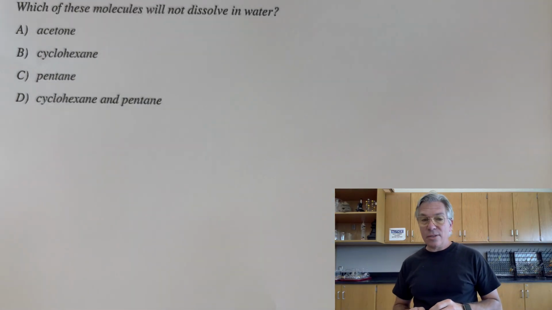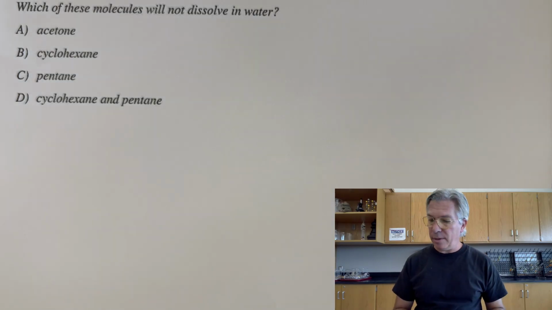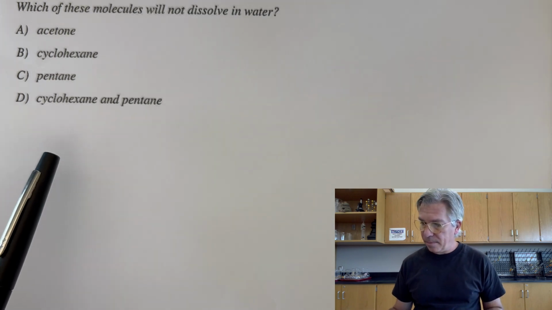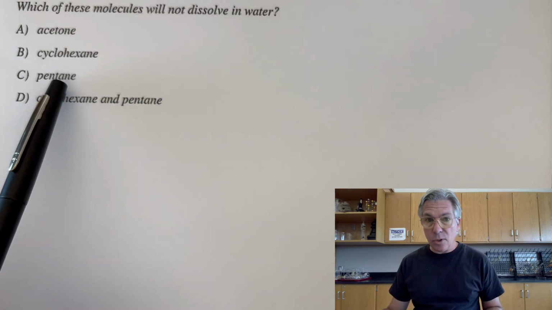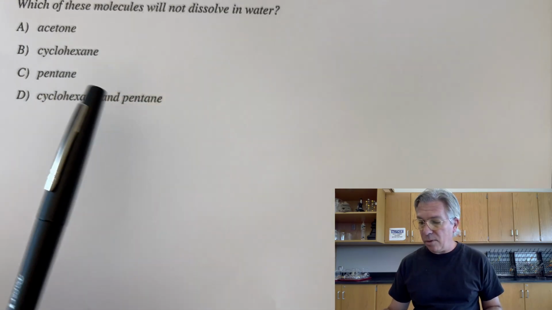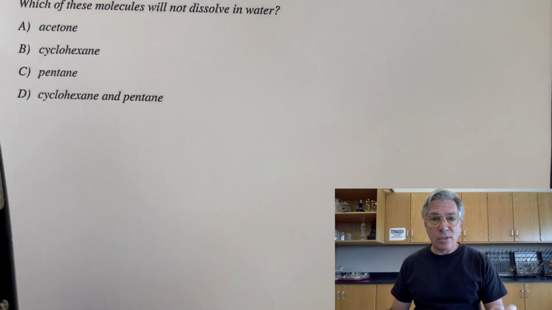Okay, which of the following molecules will not dissolve in water? So I got to think, not dissolving in water must be nonpolar. And I'm looking down the list here, and I see acetone, cyclohexane, pentane. Notice these both end in -ane, and then both of them are shown down here. Alkanes don't dissolve in water.